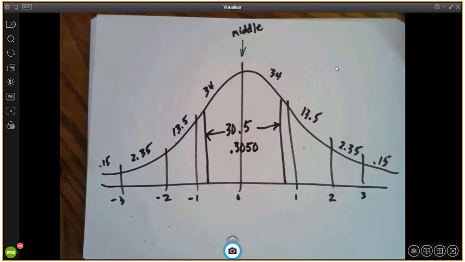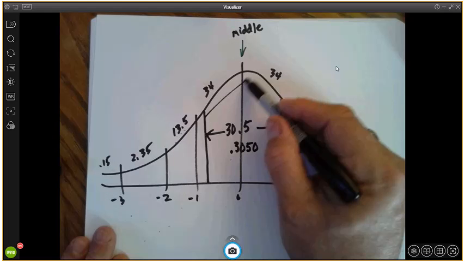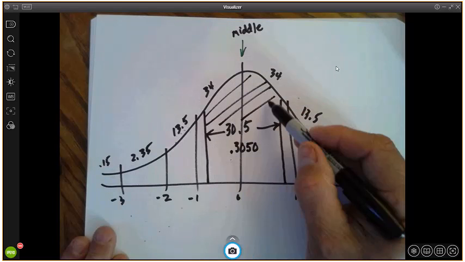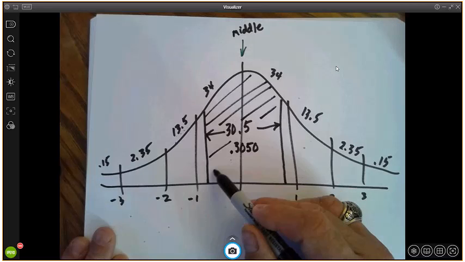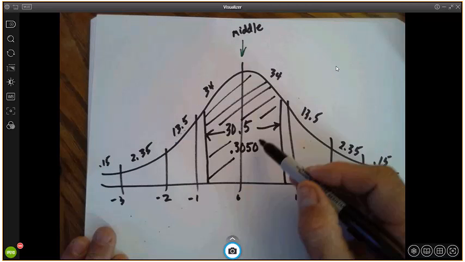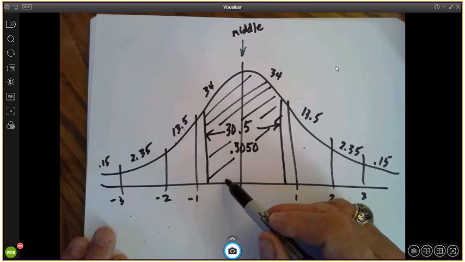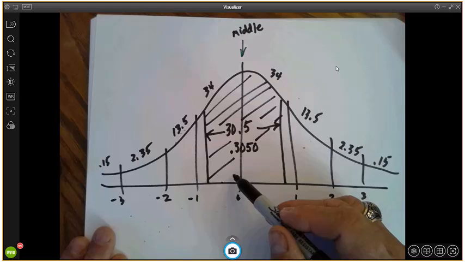And that is this area in the middle. Now that's what the question is asking. Okay, I've got the middle 30.5%. I'm sorry, 61%.